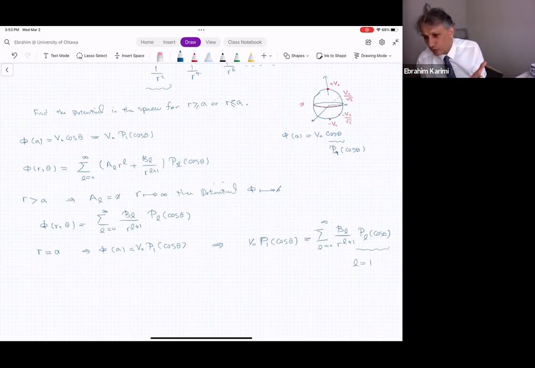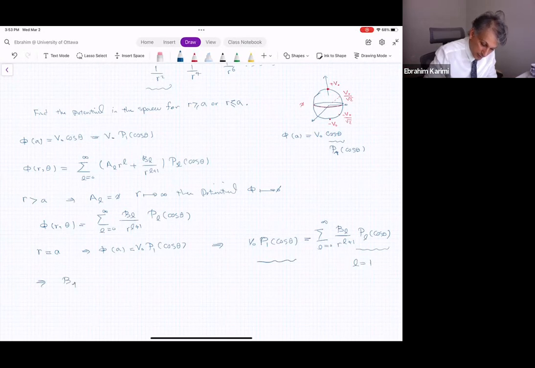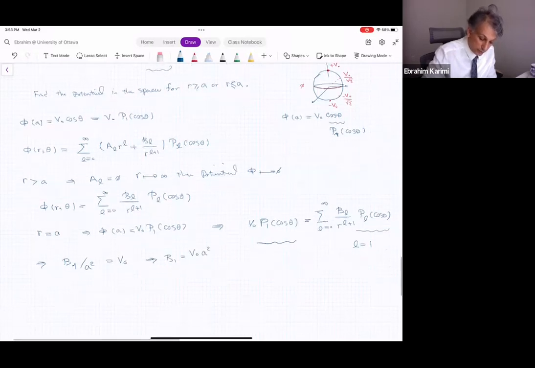Or if you want to do it more formally, you multiply both sides by P_L prime and take the integral, and you will see that from this side the integral is not 0 only when L prime is equal to 1, else it will be 0. From this relationship, B1 divided by a to the power of 2 is equal to V0, so B1 is equal to V0 times a to the power of 2.